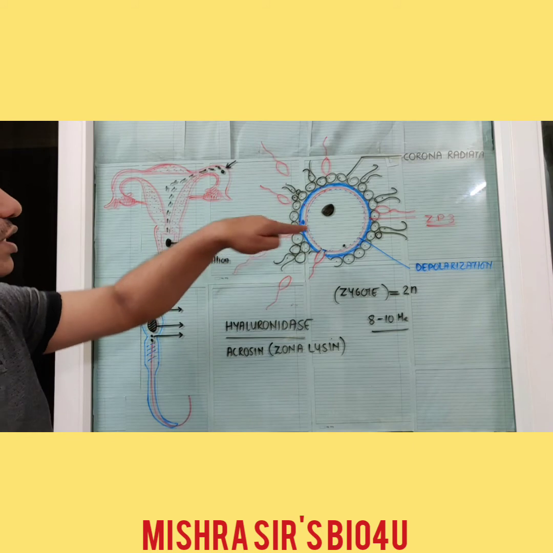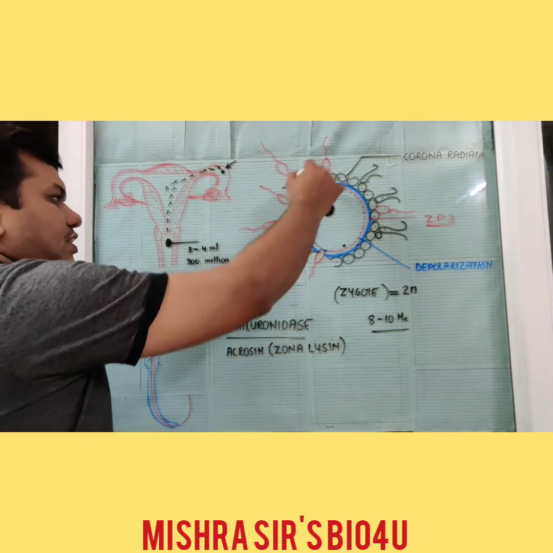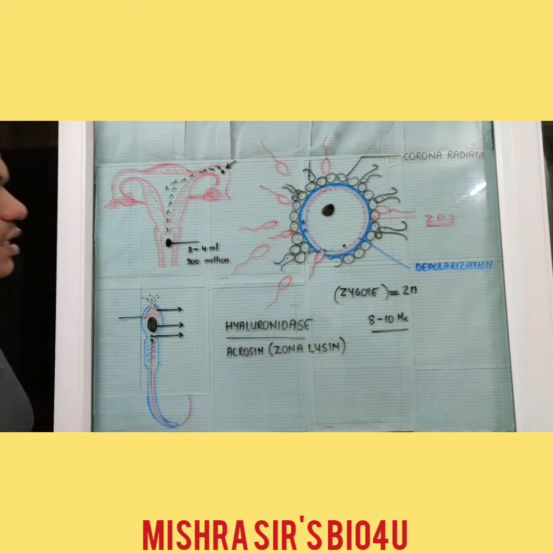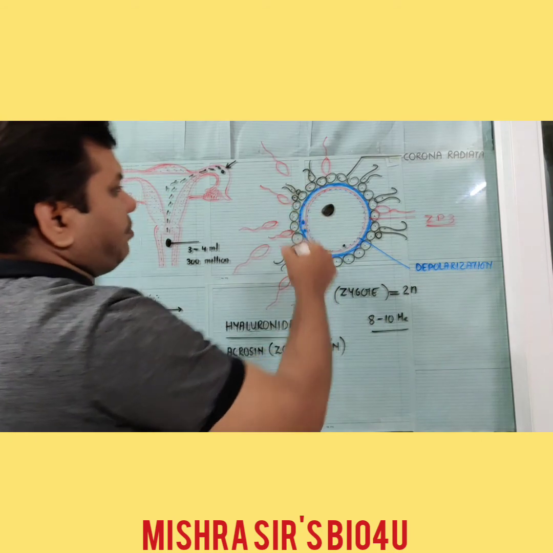The centriole, which was not there, had entered into the egg. So the zygote has a centriole coming from the sperm. Many sperms try, only one is able to fertilize it. So this condition is called monospermy. We are able to prevent polyspermy because of this fertilization membrane, and also because of the depolarization of the egg membrane.